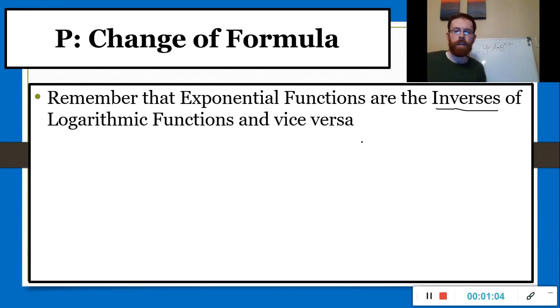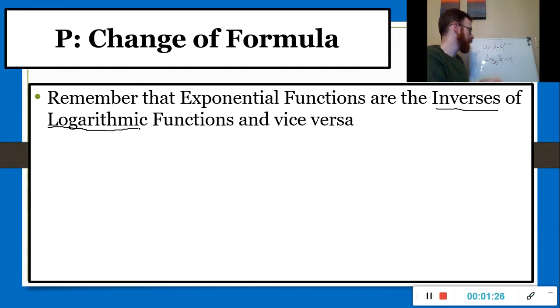So the opposite of an exponential function is what we call a logarithmic function. It should be written like this: log base b of y divided by a is equal to x.